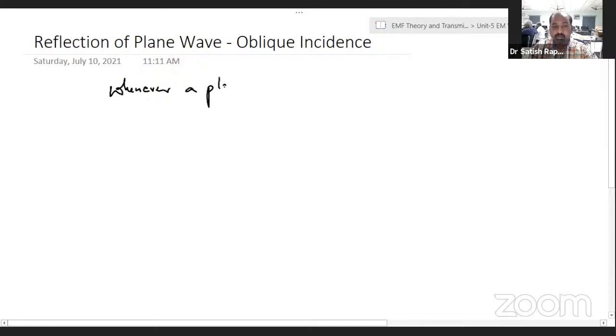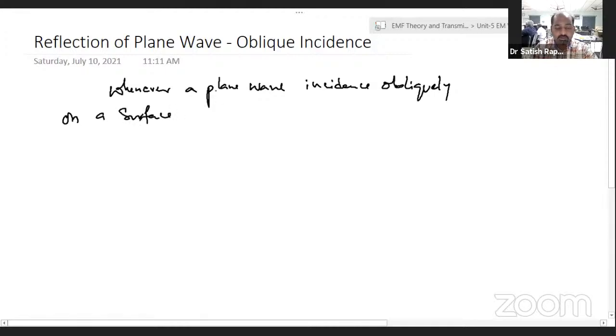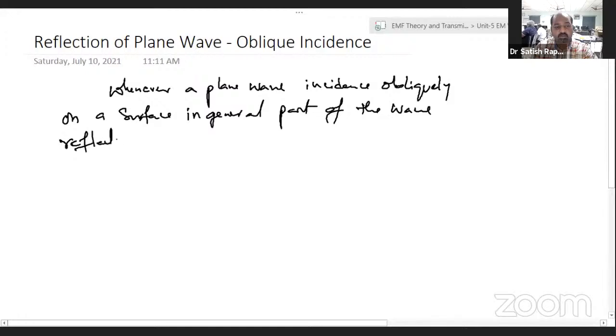Whenever a plane wave is incident obliquely on a surface, in general, part of the wave reflects and part of the wave transmits.